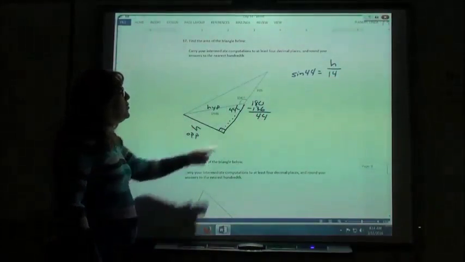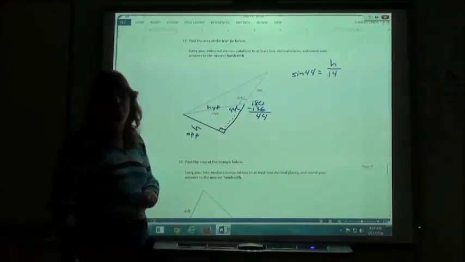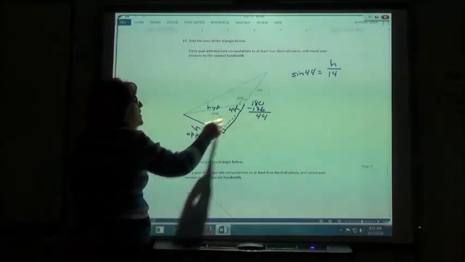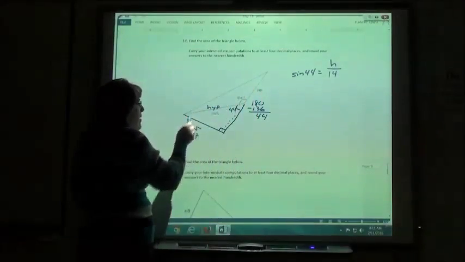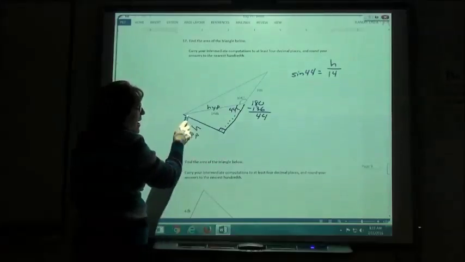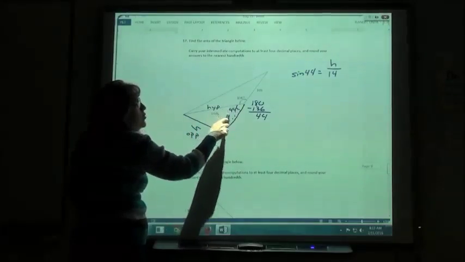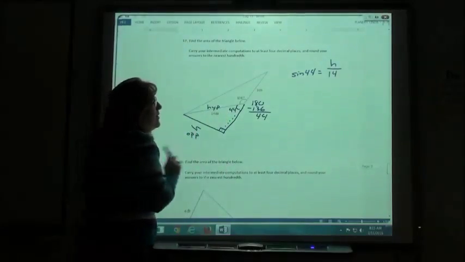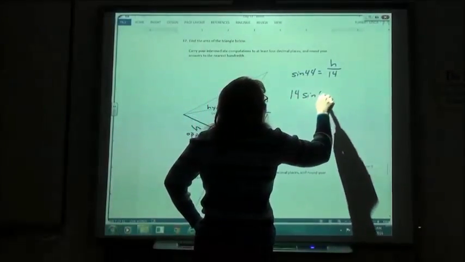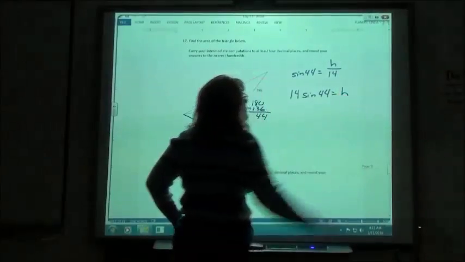Crazy thing is, if you do the sine of 44 or the sine of 136, you actually get the same number, but that's how this one works because I have this obtuse angle. In order to get my right angle drawn down to my base, I have to draw it out here, and so I use the 44 instead. So solving this, 14 sine of 44 equals h.